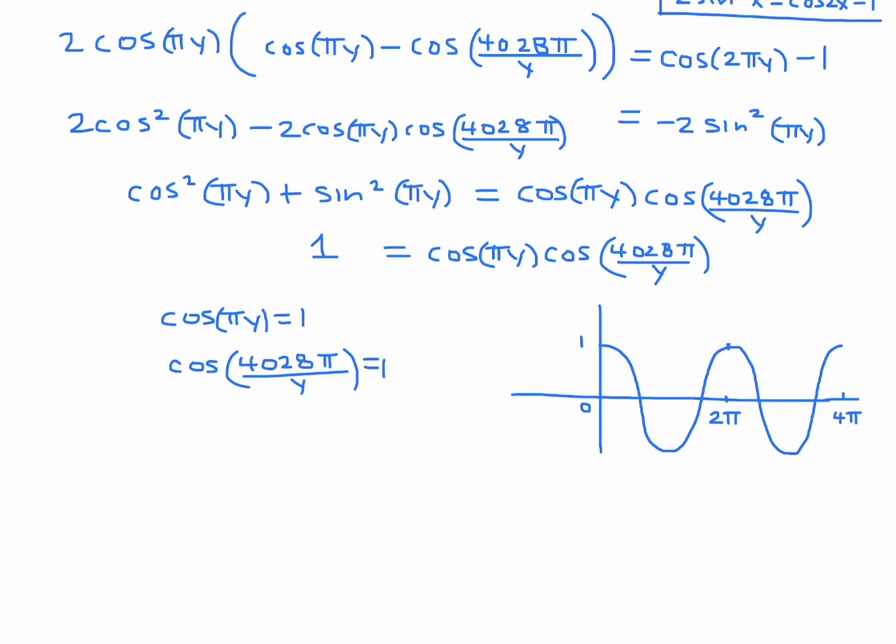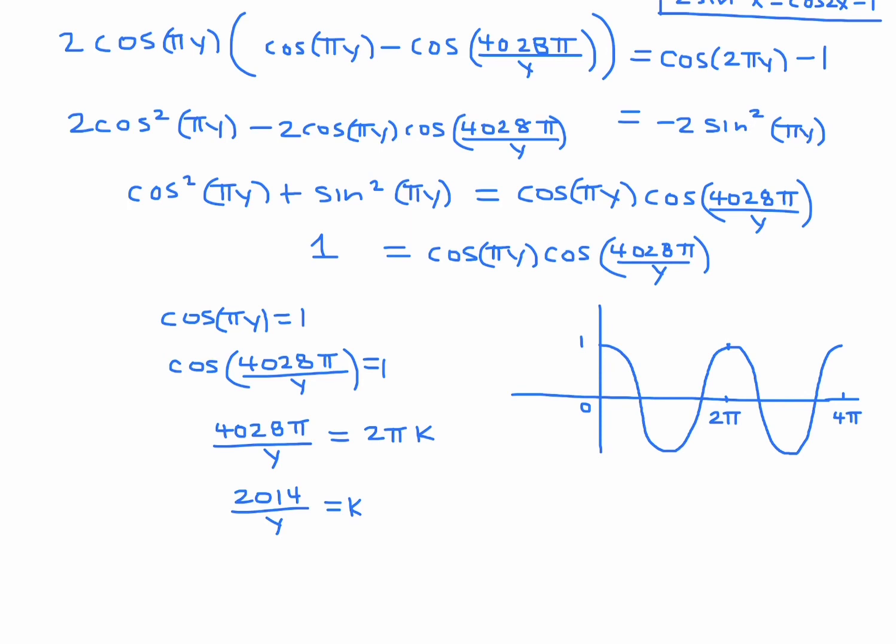So basically what that tells me is that if the cos of 4028 pi over y is 1, that means that 4028 pi over y has got to be equal to some multiple of 2 pi, as you can see from the graph. So 2 pi times k. Simplifying this, divide through by pi on both sides and divide through by 2, you get 2014 over y is equal to k.